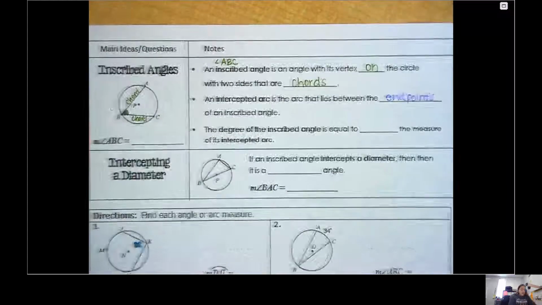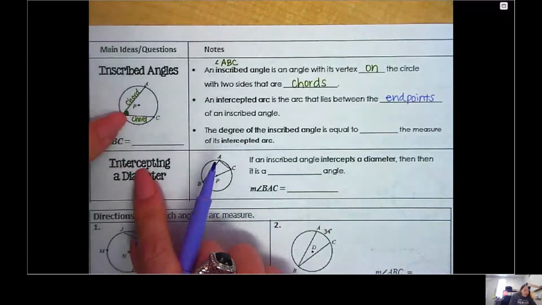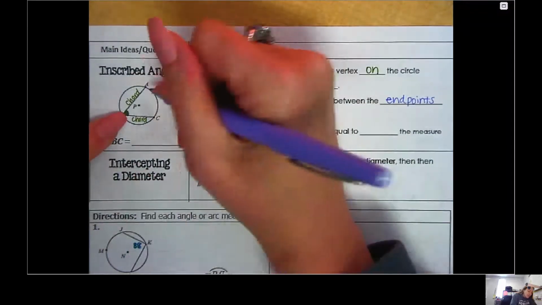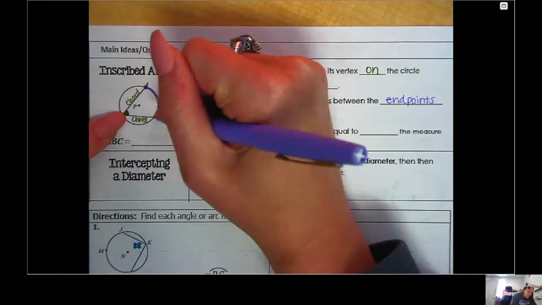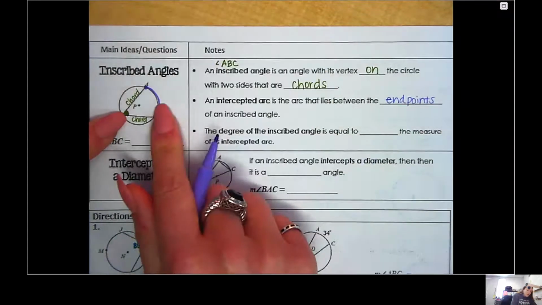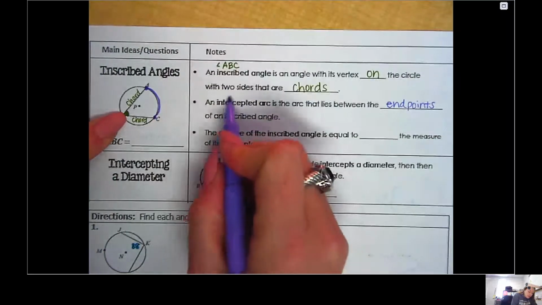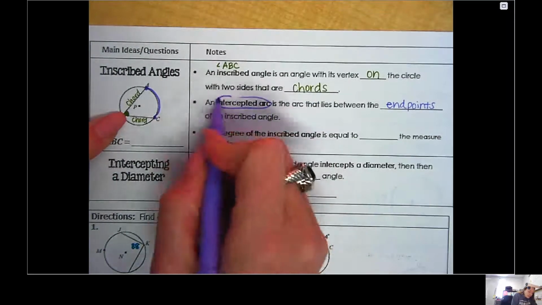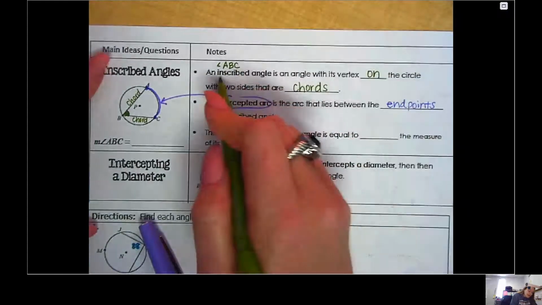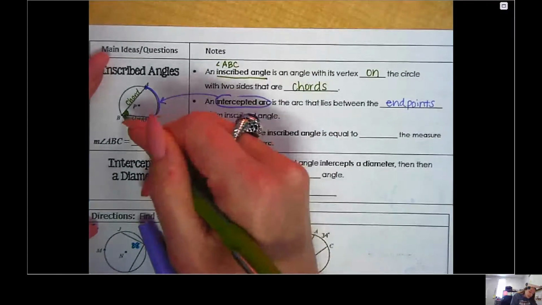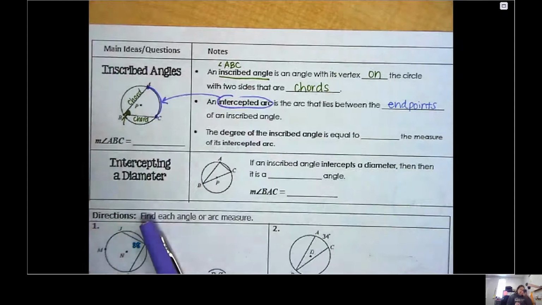So this piece right here, that's the inscribed angle. This part from A to C, that goes between those two endpoints, this purple part, is called the intercepted arc. Right, so the arc is on the edge of the circle, and the angle is right in this center piece. So you've got the inscribed angle and the intercepted arc.